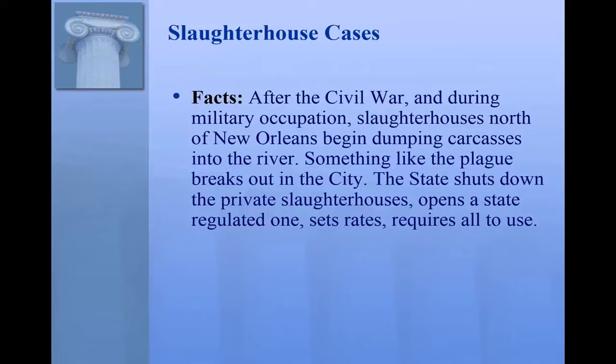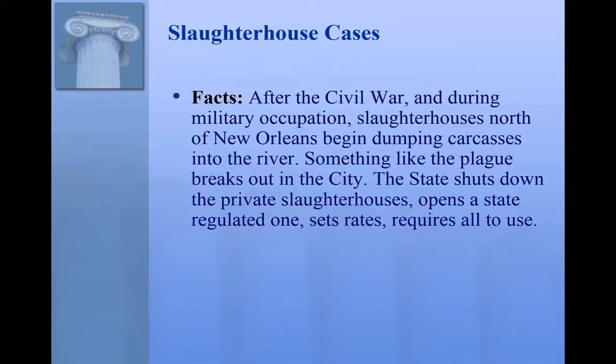And so the state of Louisiana, which is under military occupation at the time, shuts down these private slaughterhouses and opens a state-regulated slaughterhouse, one that is owned by an individual or a company that submitted a bid to the state, was accepted, and the state sets the rates.